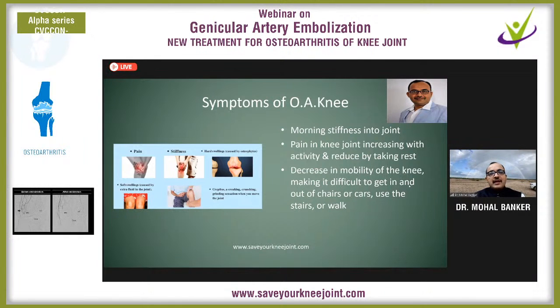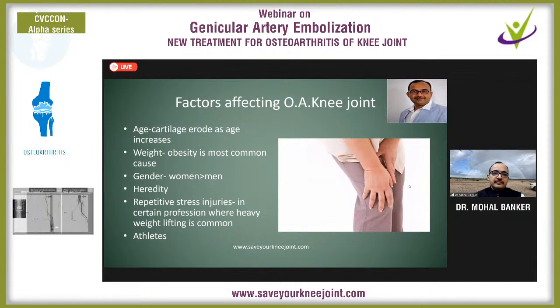If the pain is relieved, the patient's quality of life improves significantly. Many factors affect this disease: aging, weight, and gender, as women are more affected than men. There are also professional hazards for marathon runners and athletes who overuse the knee joint.